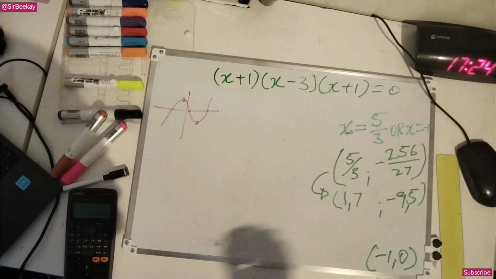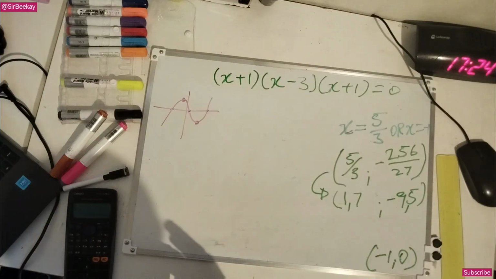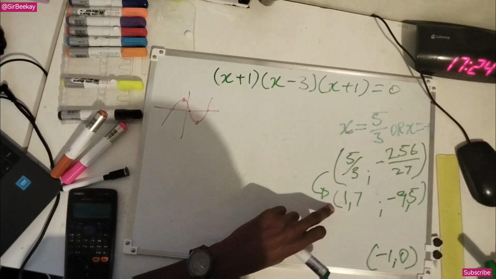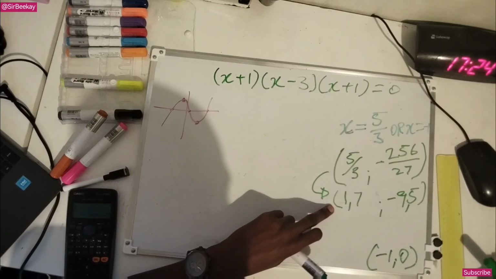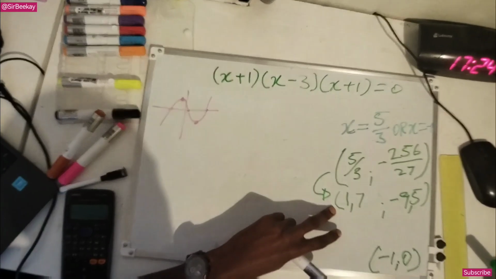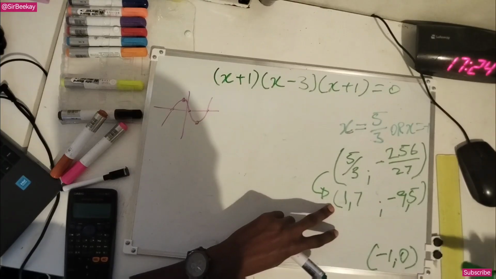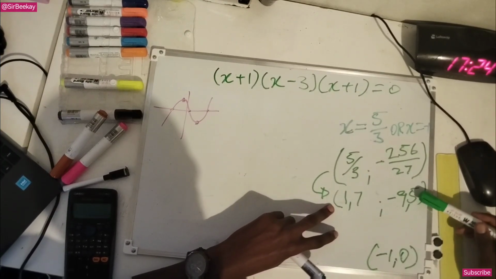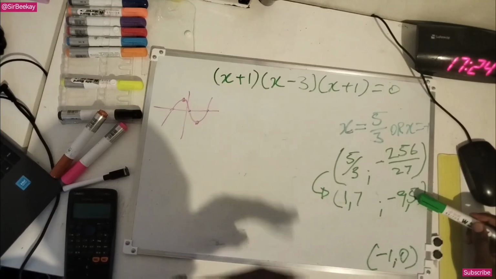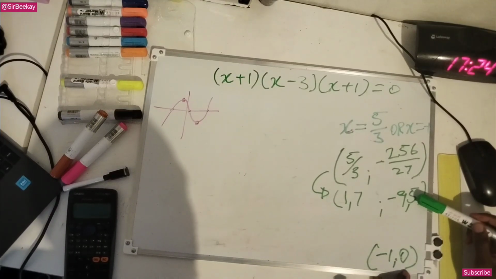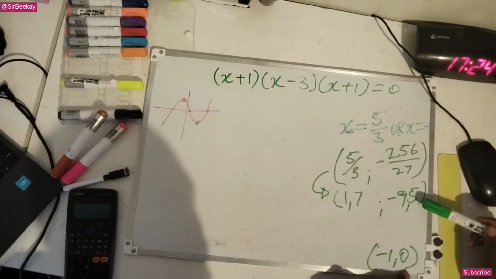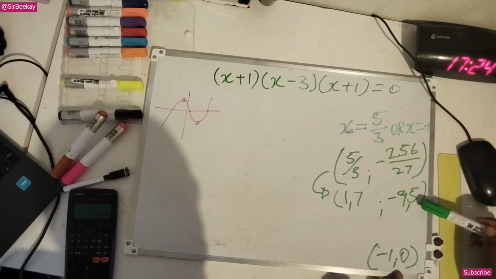Between those two numbers, which one has a higher y value or the lower y value? The minus 9.5 is below the 0 when you are drawing the Cartesian plane, meaning that this one will be our local minimum.